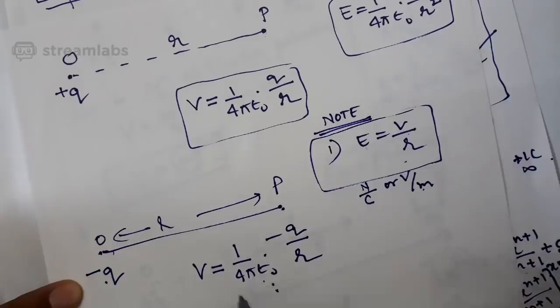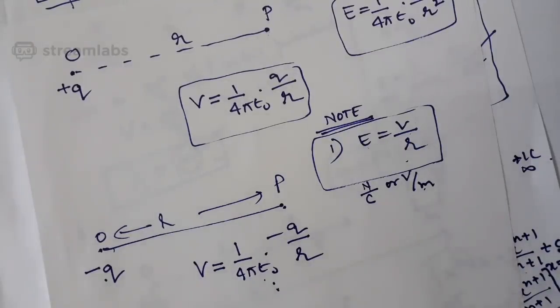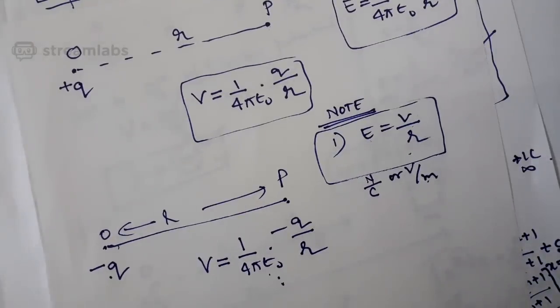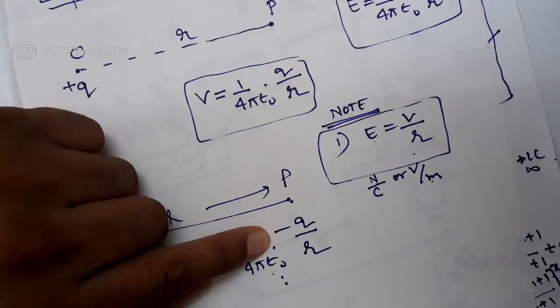This is a difference between V and the concepts of E and F. In F and E, we never bother about the nature of the charge in calculating the magnitude. We consider the nature of the charge only in drawing a direction. But here you have to bother, because potential is a scalar. If the charge is positive, you should write plus q. If the charge is negative, I should write minus q.